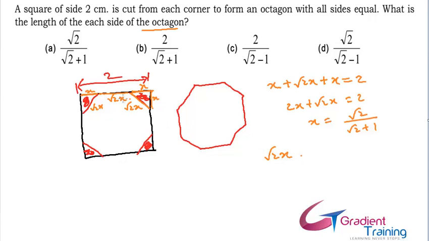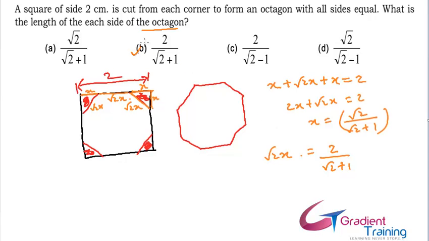As you can see here, it's not x. X is the side of this isosceles triangle's base and perpendicular. So root 2x will give us root 2 into this entire expression, that is 2 upon root 2 plus 1, or any other value which has the same value as 2 upon root 2 plus 1.